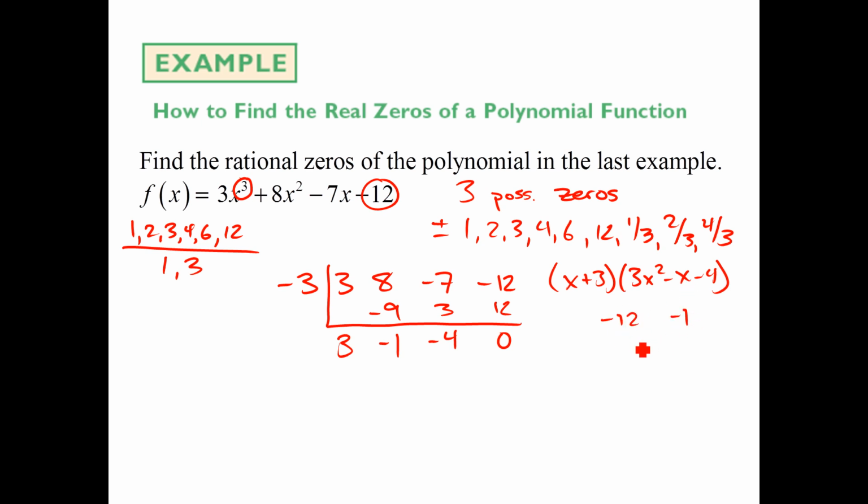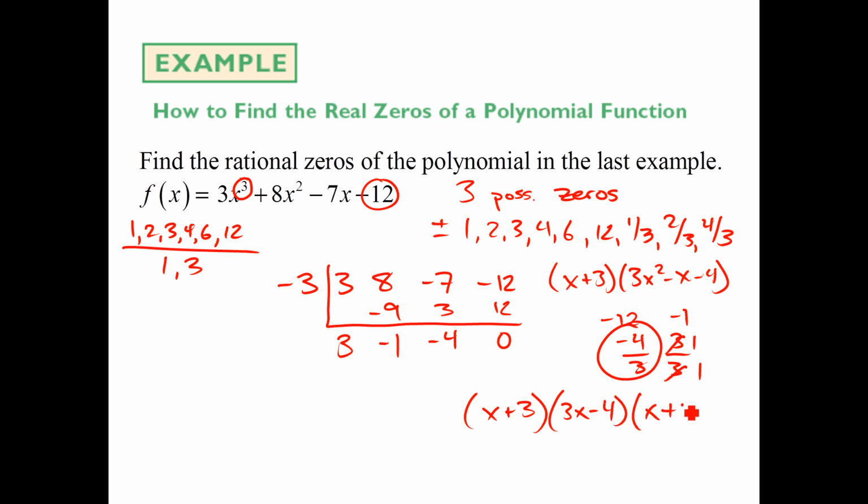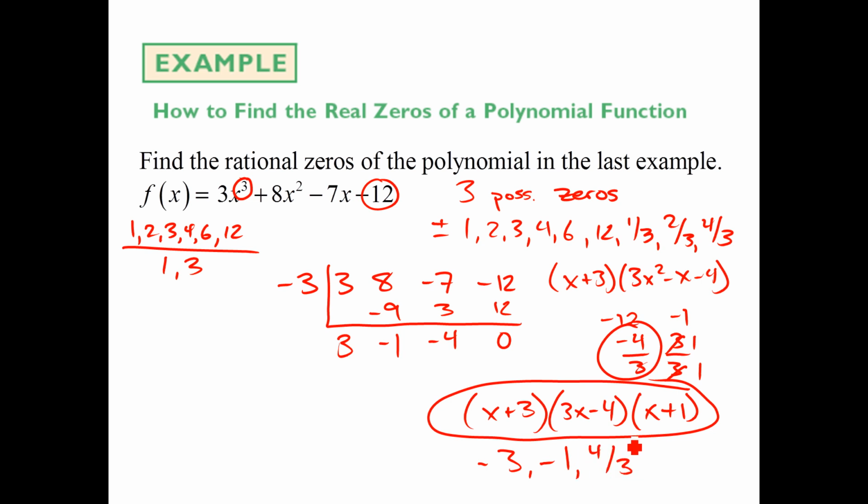That's going to be -4 and 3 over a. So there we go. This will be a 1 and a 1. So we've got x plus 3, 3x minus 4 from here, and x plus 1. Alright, and we are completely factored, so the rational zeros would be -3, -1, and 4/3.